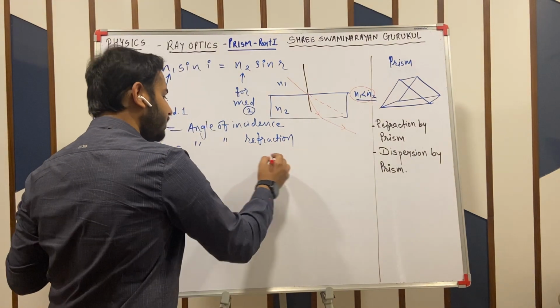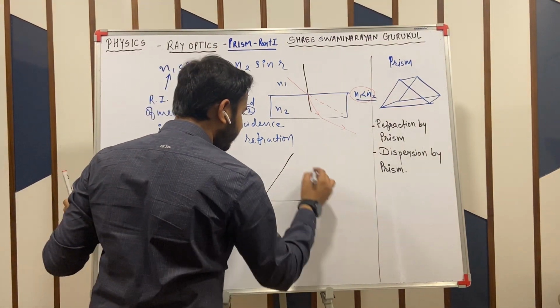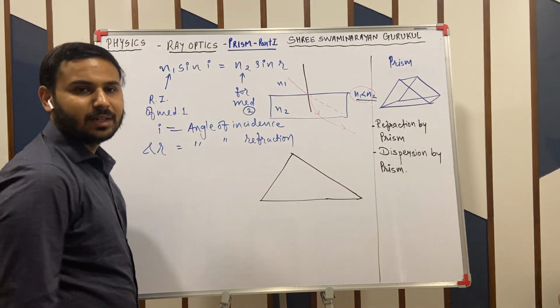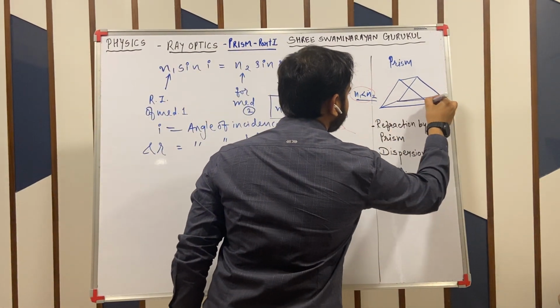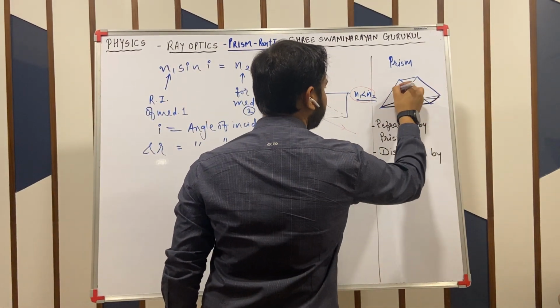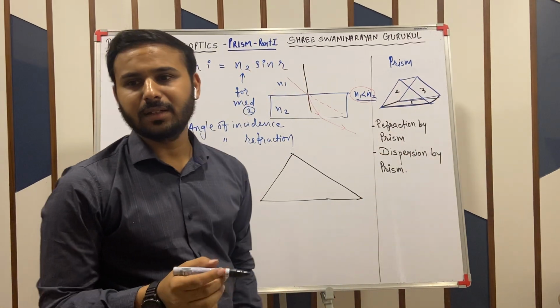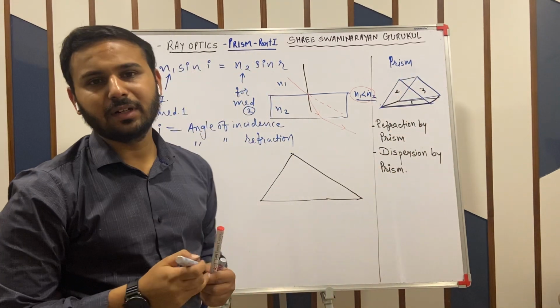See, the shape of prism: if you see the prism exactly from the front side, the front view of prism is a triangle, but it is not a triangle. Right? Three surfaces, 1, 2, 3. These three surfaces are in rectangular form, but this surface is kind of a triangle.